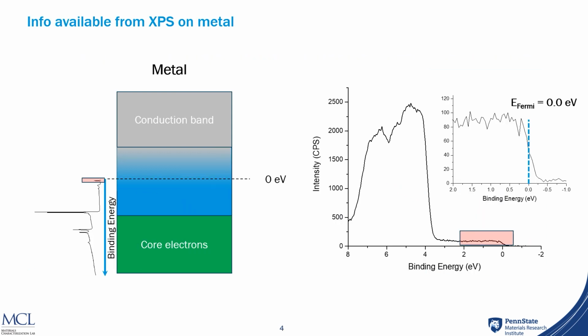So one of the principal techniques that is part of that surface science cluster tool is a technique called X-ray photoelectron spectroscopy, which allows us to access both core and valence electrons of solid materials. If we look at a simple metal, in this case gold, and we look at the valence electrons, so the very weakly bound electrons in the material, they're quite weak in the XPS spectrum, but we can see that on a metal like gold we have electrons right at 0 binding energy.